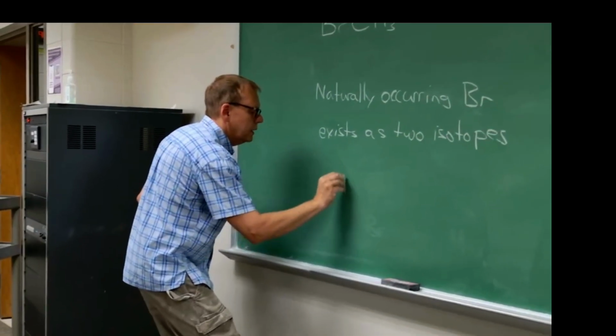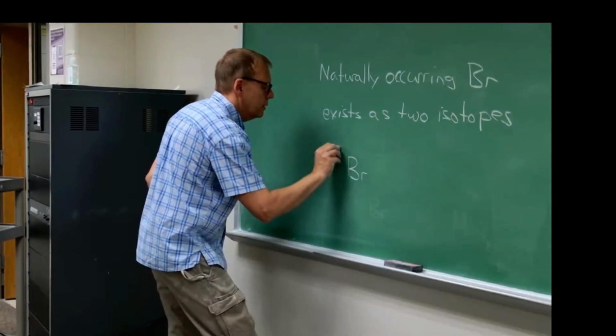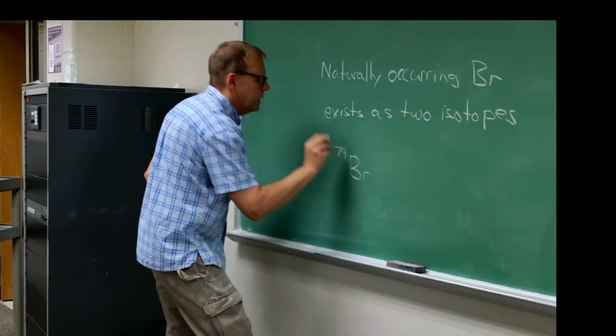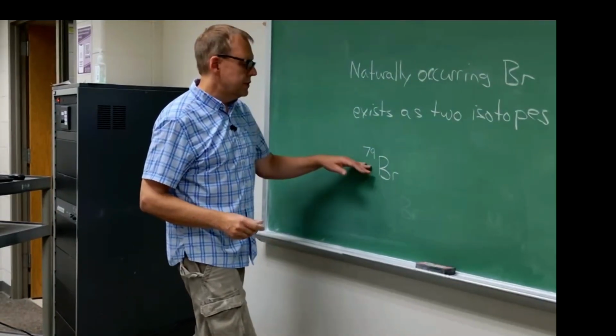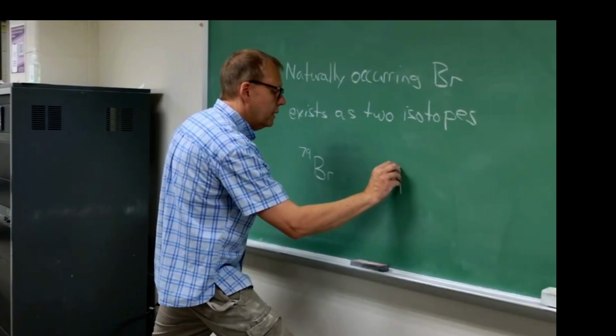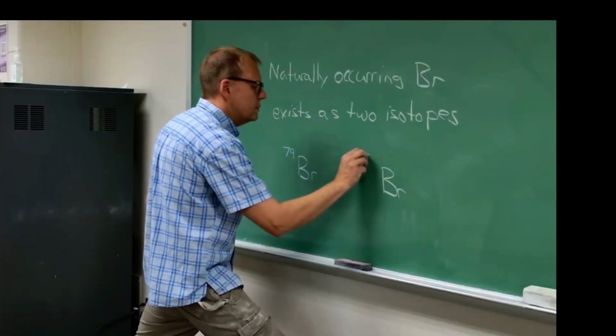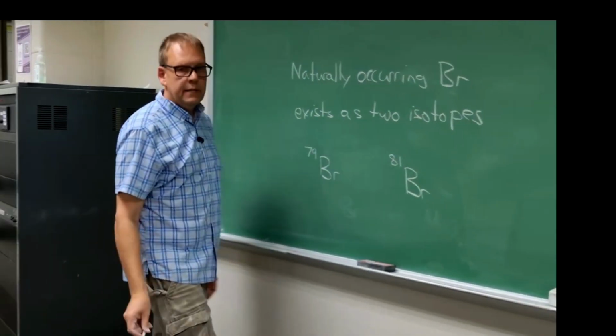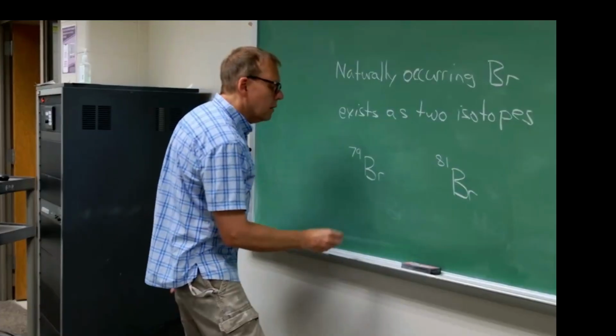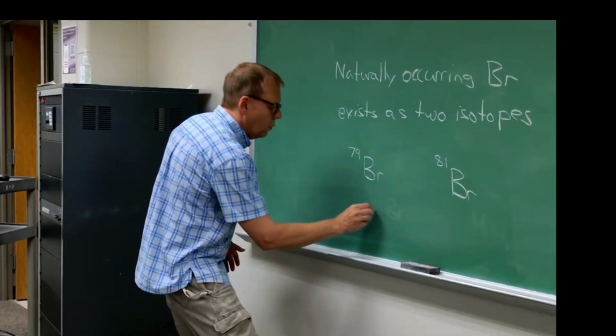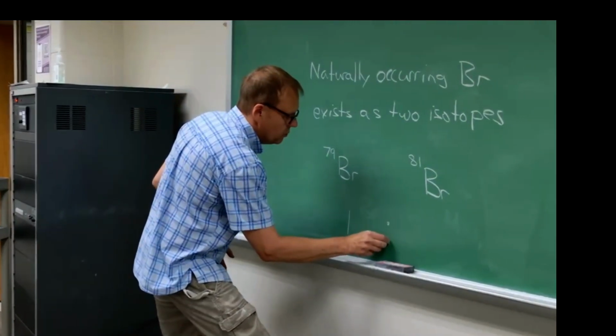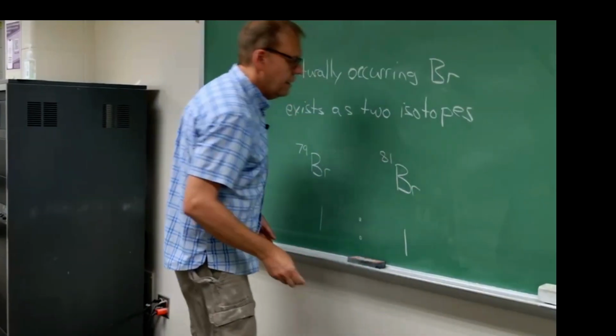There is a bromine 79. And when you add up all of the protons and the neutrons, you get 79. And then there's one version of bromine that weighs 2 mass units more, and that's an 81. And they are present roughly in a 1-to-1 ratio. It's not a perfect 1-to-1 ratio, but for our purposes, it's close enough.